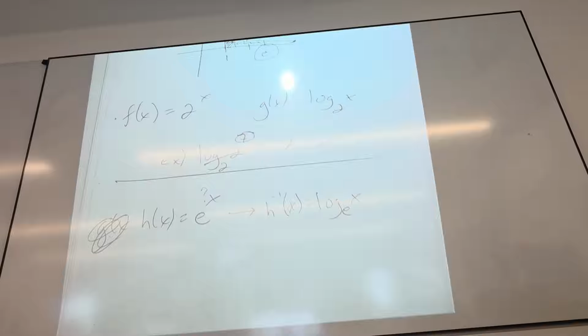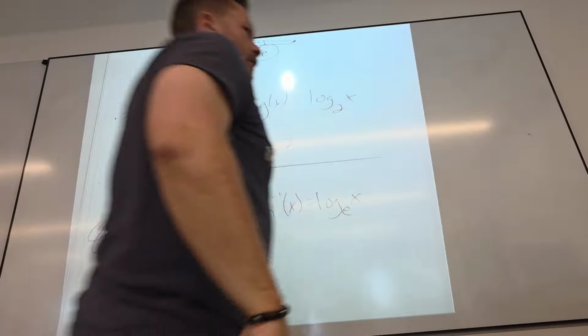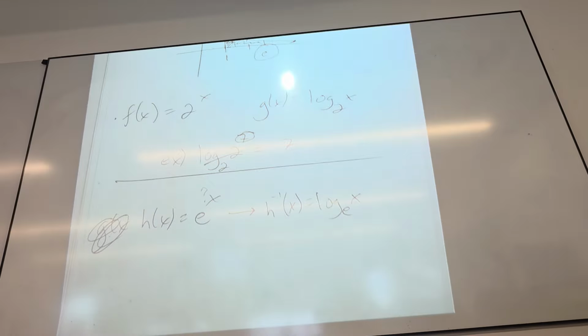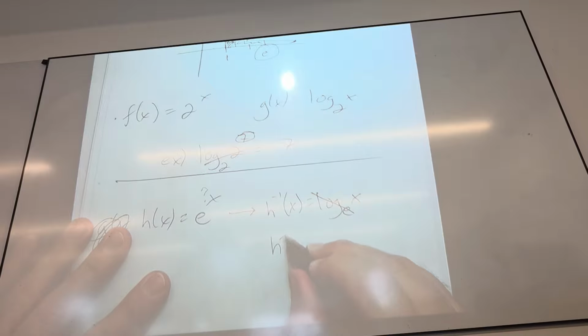It models, throw a couple of rabbits in a room, give them some food, population growth, radioactive decay. Those are both natural processes, yes? So the E function really models natural processes well, which is one reason why we never use this symbol, instead we use natural log.